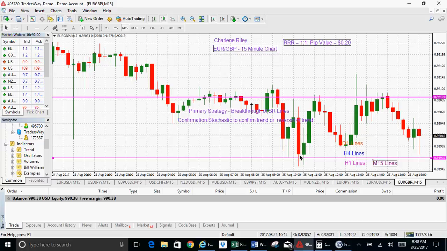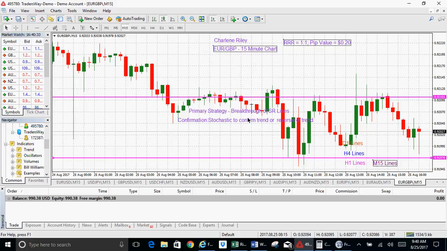So I'm going to plot my Fibonacci lines. My primary strategy is using breakthroughs of support and resistance to determine whether I'm going to enter into a trade, and then for confirmation I use primarily the stochastic indicator, stochastic oscillator, to confirm the trend or reversal of a trend.